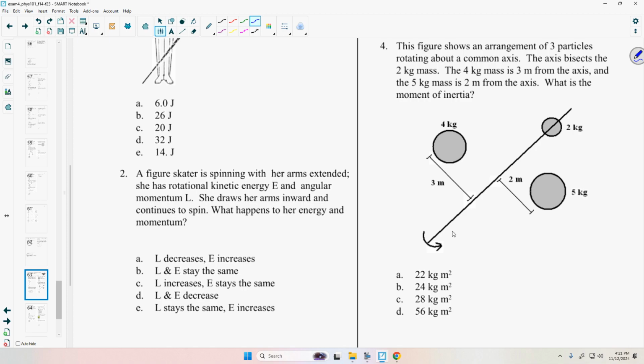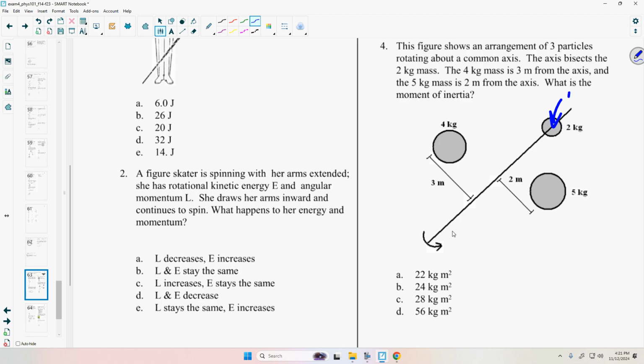So I want to know the moment of inertia, right? First, is the axis of rotation central, or is it outside of the body? The axis of rotation here is outside of the body, except for this body, it's internal to that. But I don't give you any other dimensions on these objects either. That's another clue that I'm going to treat these like a system of particles, because I don't say the radius of these spheres are such and such, and the length of the bar is such and such. I'm just giving you the distance that they are from the axis.